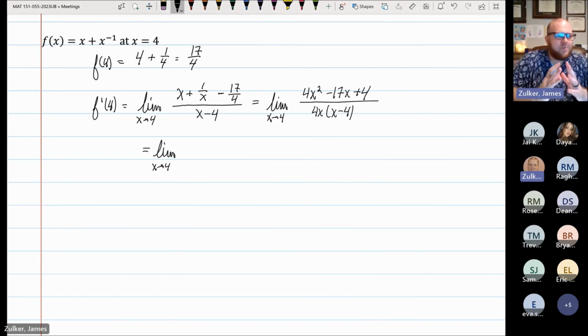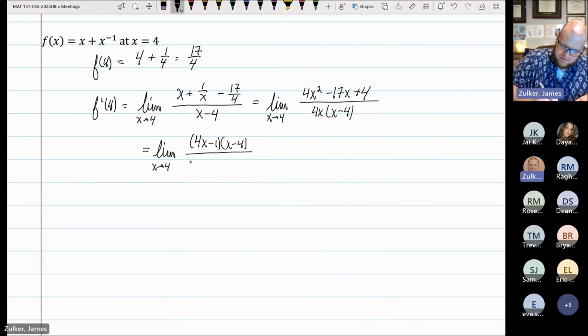So we need to factor the numerator standard now. 16 plus 1 is 17. That means that it's going to factor as 4x minus 1 times x minus 4.